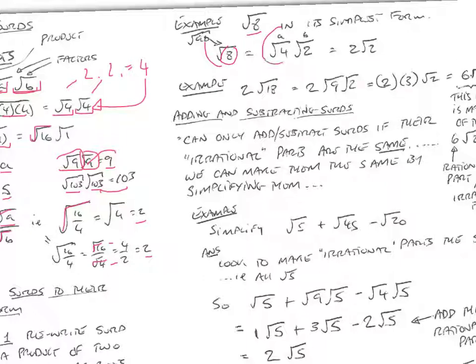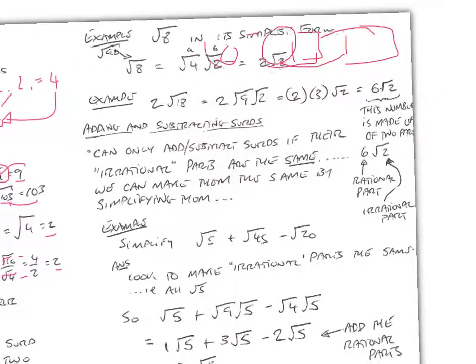So we'll always make the a factor the perfect square one. Root 4 times root 2 gives us root 8. So this is the perfect square, so we'll evaluate that, and the square root of 4 is 2, and we cannot do root 2 any simpler, it stays root 2. So root 8 in its simplest form is 2 root 2.